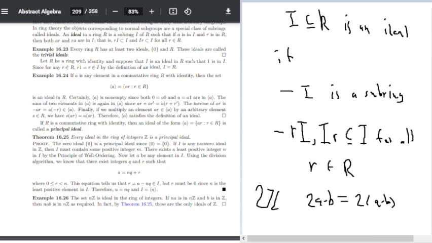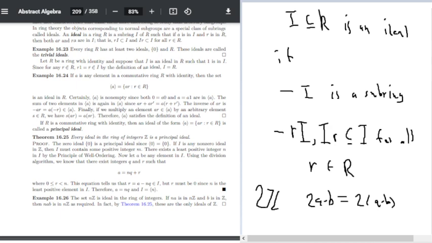Example 16.24. If a is any element in the commutative ring R with identity, then the set ⟨a⟩ equals aR, or ar with r in R, is an ideal in R. Also note here the important condition: commutative ring.